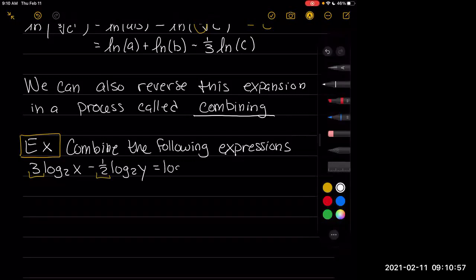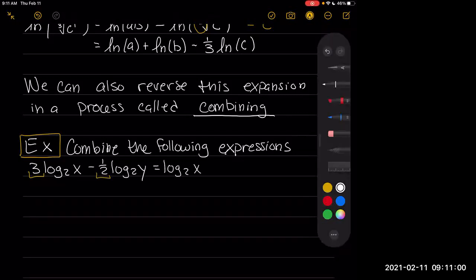So that'll give us log base 2 of x cubed minus log base 2 of y to the 1/2. And now since we have this minus sign, that means we can combine them as one quotient. So we'll have log base 2 of x cubed over, and I'm just going to rewrite this 1/2 as a square root, so the square root of y. And there we go. That's that problem combined.